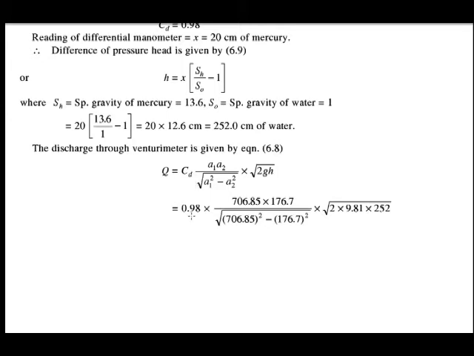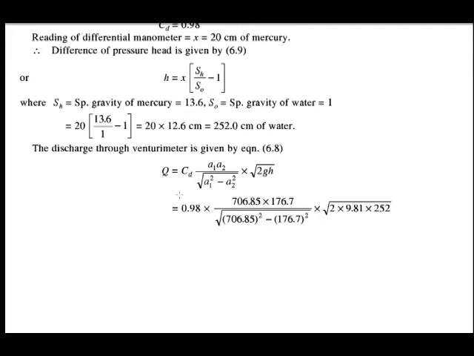The value of CD is 0.98, into the value of A1 we have calculated as 706.85, into A2 is 176.7, upon square root of 706.85 square minus 176.7 square, into under root of 2gh, where g is the acceleration due to gravity 9.81, and h, the difference in the pressure head, is 252.